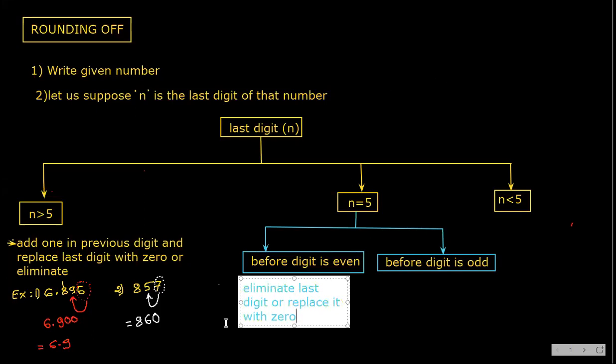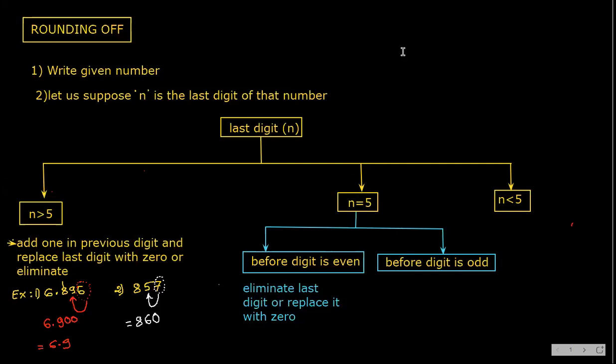Okay, let me take a small example here. For example, something like this: 385. Who will tell me? Now the last digit is 5 and the before digit gives 380.